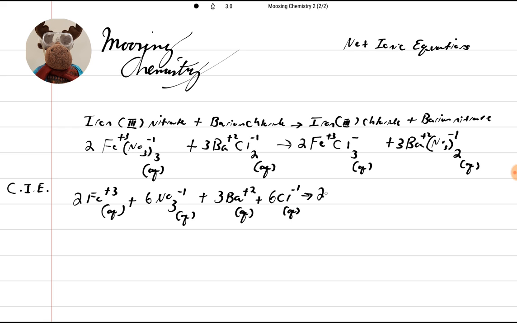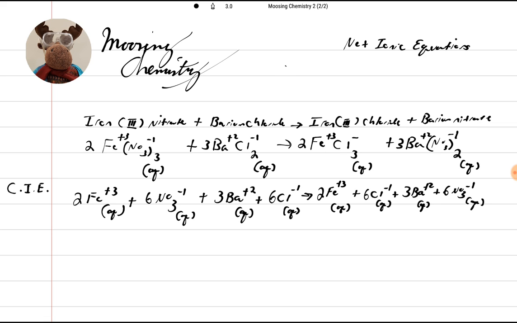Yields 2Fe plus 3 aq plus 6Cl minus 1 aq plus 3Ba plus 2 aq plus 6NO3 minus 1 aq. Now we've broken them all into their respective ions.